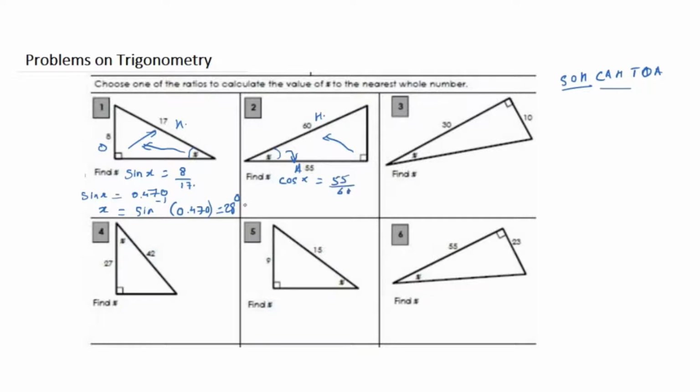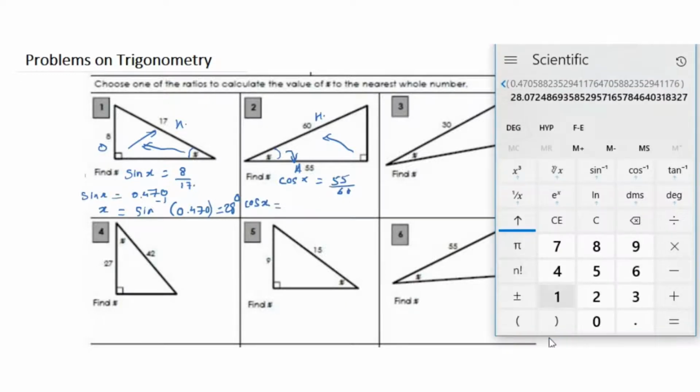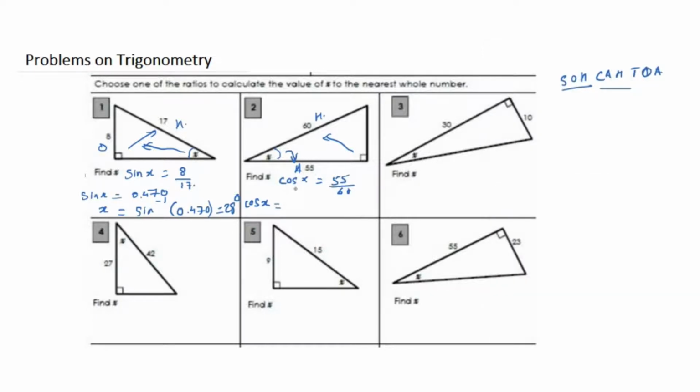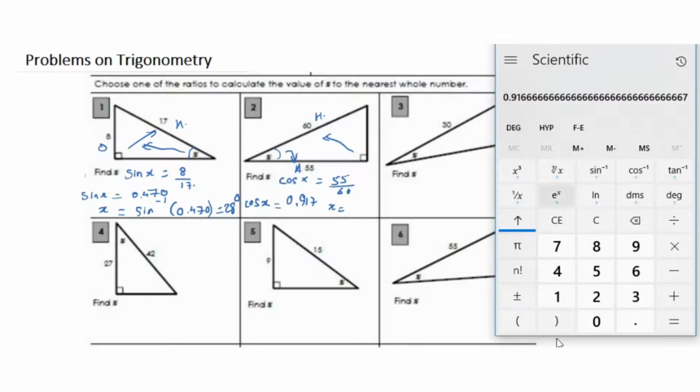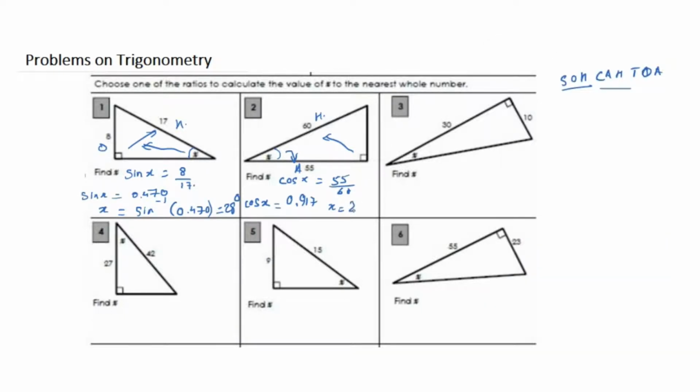So 55 divided by 60, that gives us 0.9167, 0.917, I'll say. And then we need to take out the cos inverse of both sides. So that will give us the value of x, which will be equal to cos inverse of this. So cos inverse of this is 23.55. So rounding off to the nearest whole number, that gives us 24 degrees.